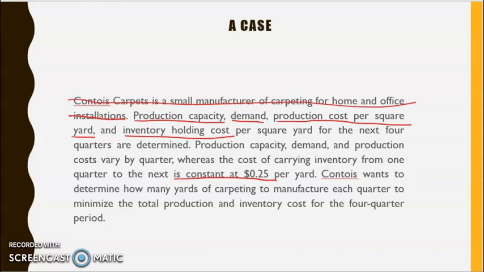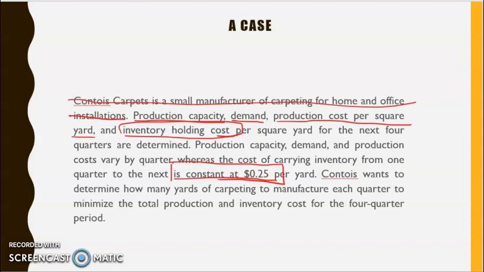So my friends, the only cost that is constant and is not changing according to the quarters are inventory costs, or let me tell you in better ways, it is storing costs that we talked about in the previous page. So storing cost or inventory holding cost are the only cost that is constant and doesn't change from quarter to quarter.